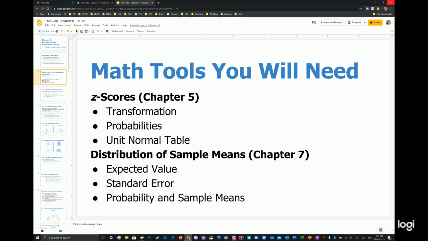You're going to need z-scores for this chapter because we're working with z-scores, comparing samples with populations. And you're going to need for sure the distribution of sample means, or the sampling distribution of means. So chapters 5 and 7. You're going to need chapter 6 as well because you're going to work with probability, but chapter 7 covers that anyway and assumes you know and can practice that.